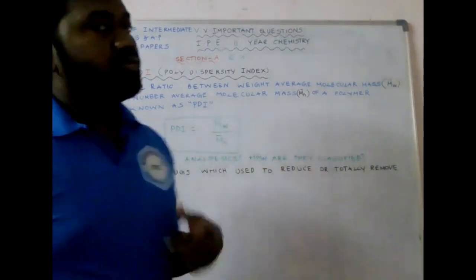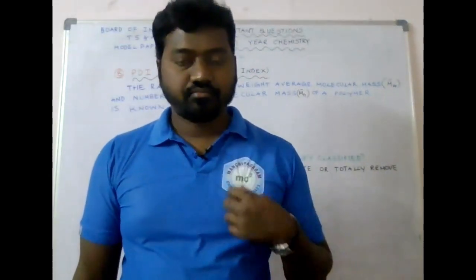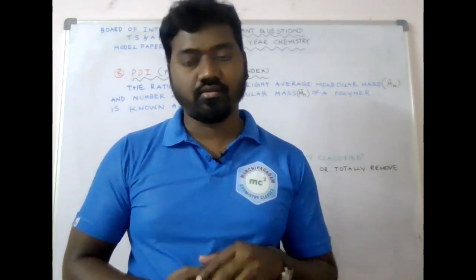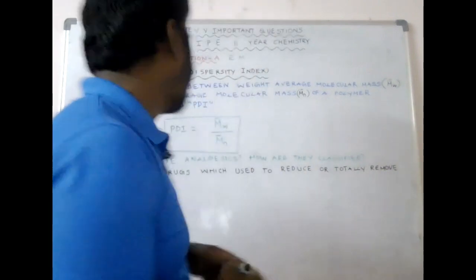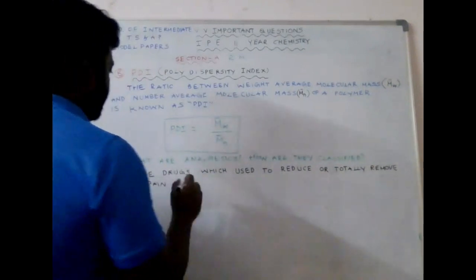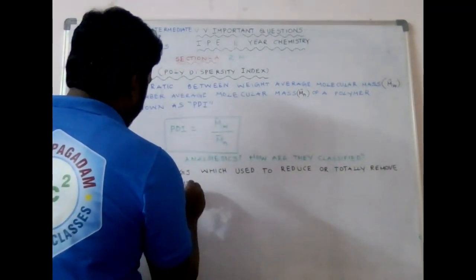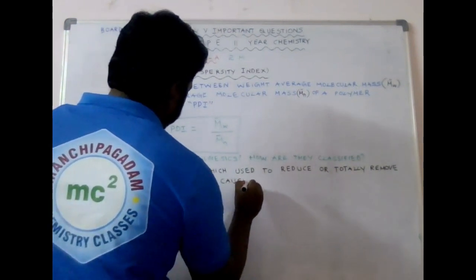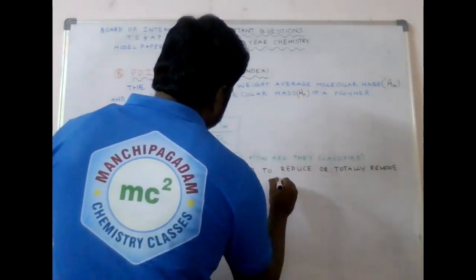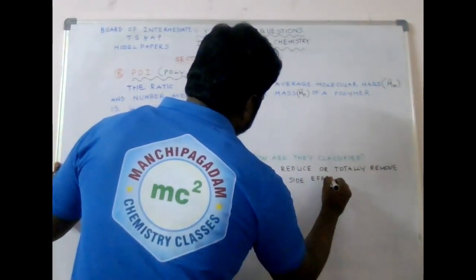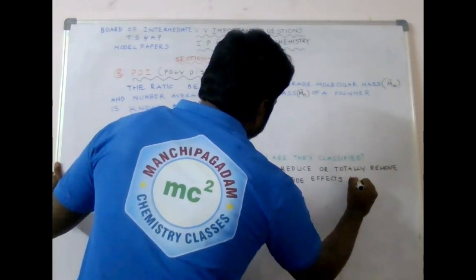Whenever we are using drugs, some side effects are there, right? When side effects are there, those are called another type. So you can say simply, the drugs which are used to reduce or totally remove the pain without causing any side effects are called analgesics.